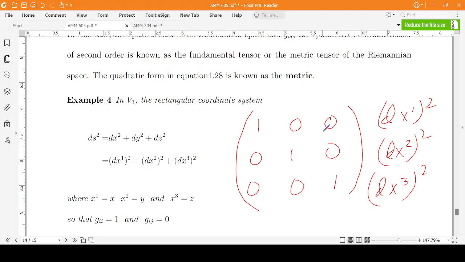So in this case, the coefficients here, you see now this is the matrix G.